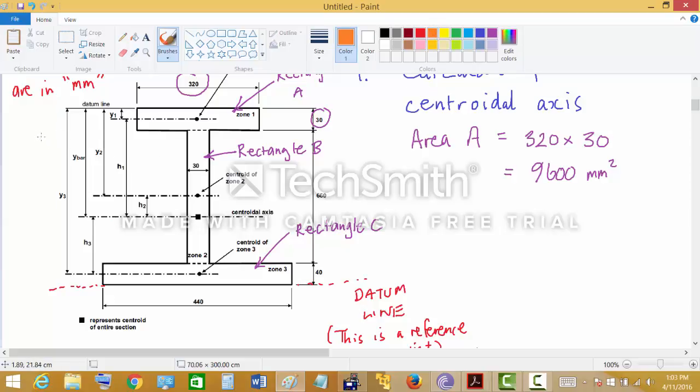The centroid for rectangle A is from the datum line to the center of the rectangle A. Here.